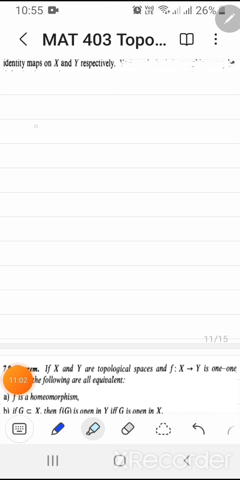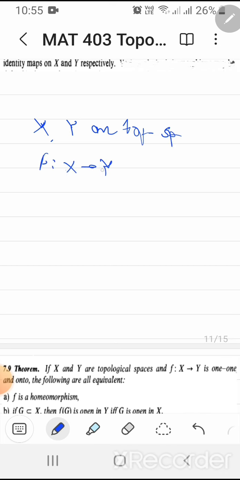The next result is on two topological spaces. If X and Y are topological spaces and there is a function f from X to Y which is one-one and onto, then the following conditions are equivalent.